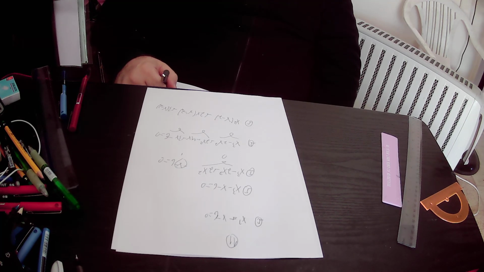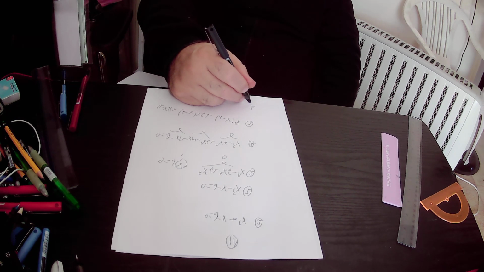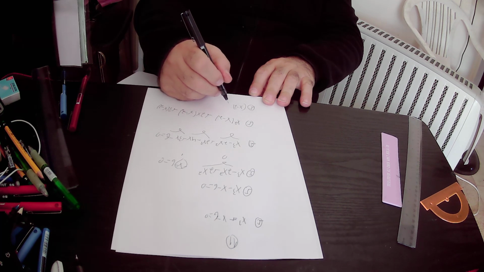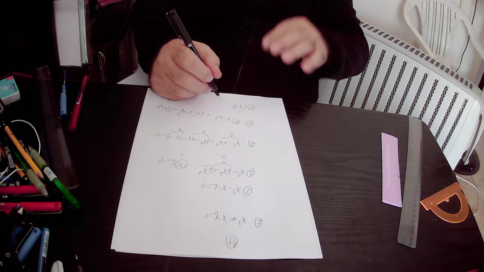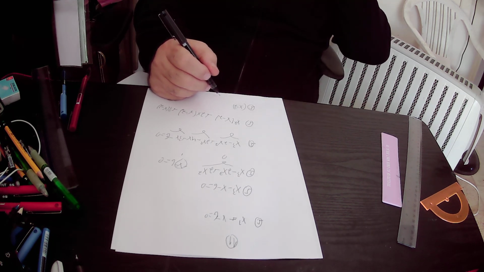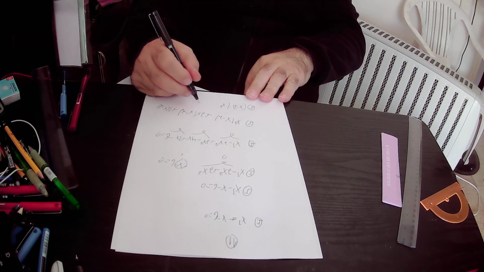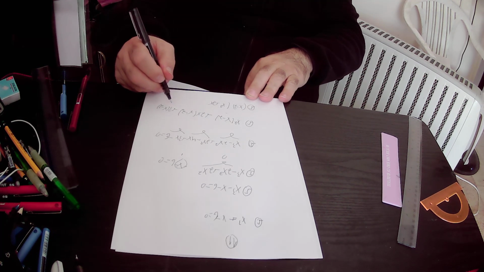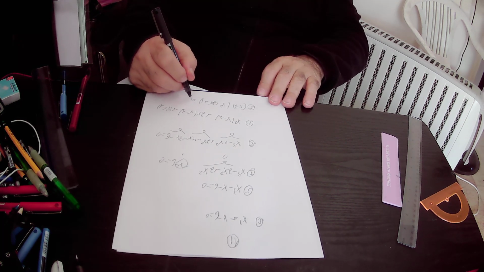So in the next step we will take a common factor of x minus 2 from this equation number 1, and we will get x minus 2, and inside the brackets here we will have x squared, here we'll have 2x, and here we will have 3, and all equals 0.